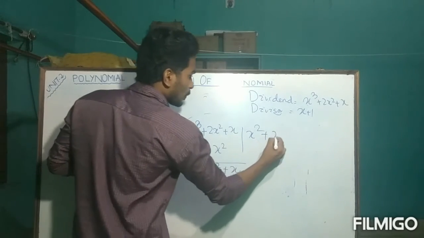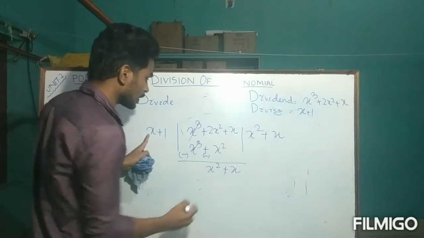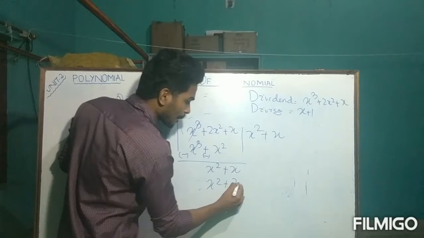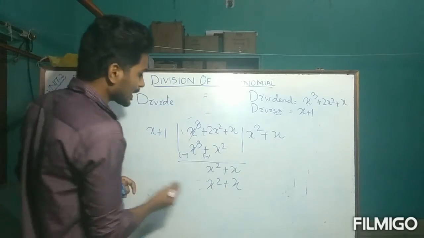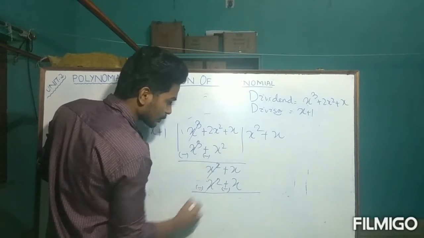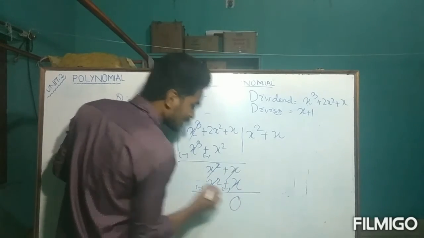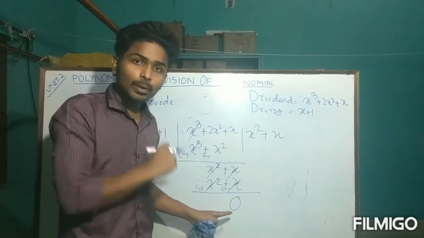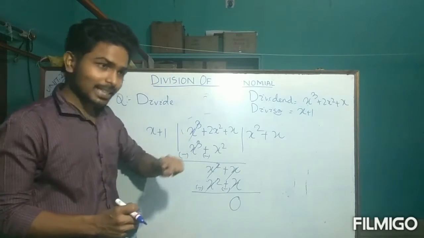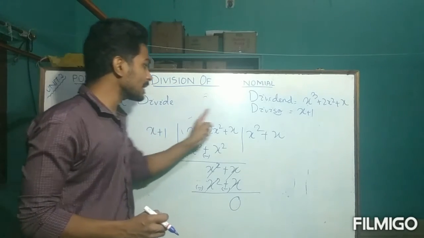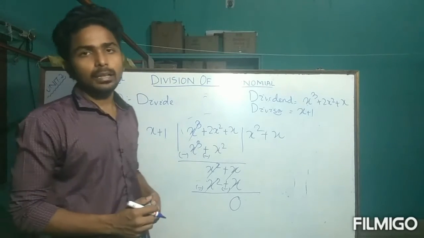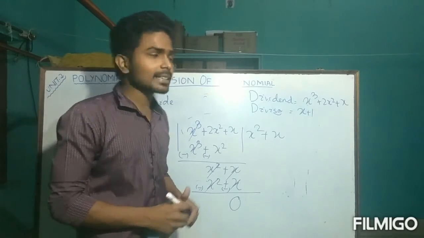Now multiply by another x: x into x is x square, and 1 into x is x. After subtracting, these cancel out, and hence the remainder becomes 0. Since the remainder becomes 0, we can say that x plus 1 completely divides x cube plus 2x square plus x, and it is a common factor of x cube plus 2x square plus x.